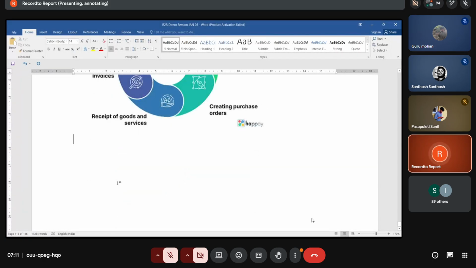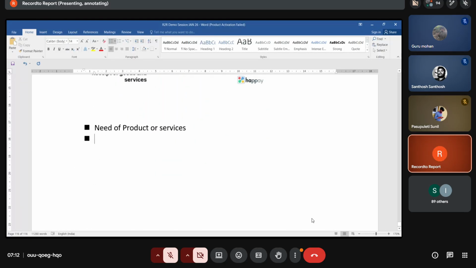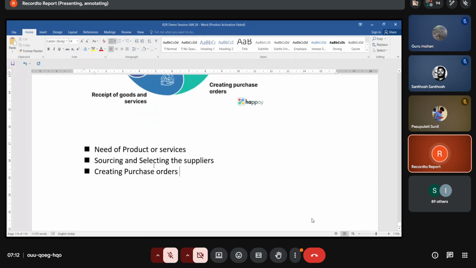Let's see what the first process is. Need of product or service. Sourcing and selecting the suppliers. Creating the purchase orders. Delivery and receipt of goods and services.